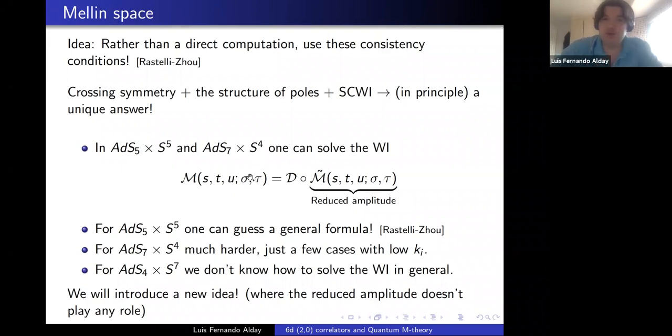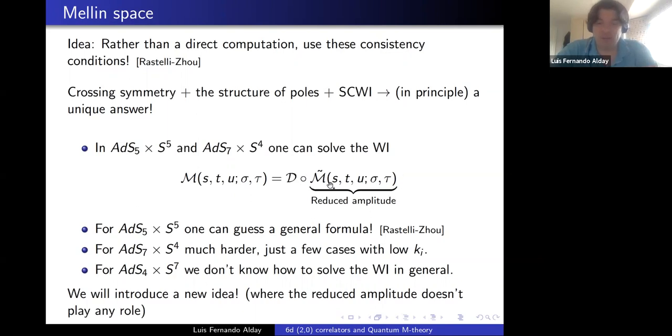A solution to this equation always takes the following form: the full Mellin amplitude has to be equal to a given operator acting on a reduced amplitude, okay? So what we are saying is that the kernel of the superconformal Ward identities can always be written in this form.